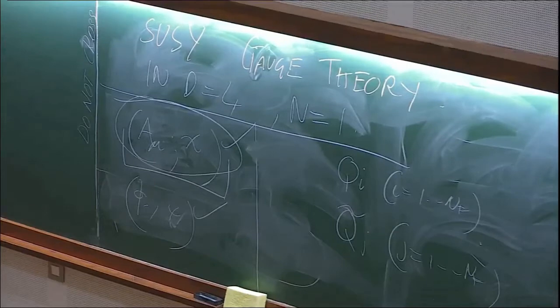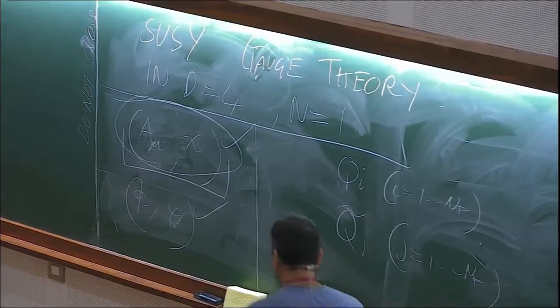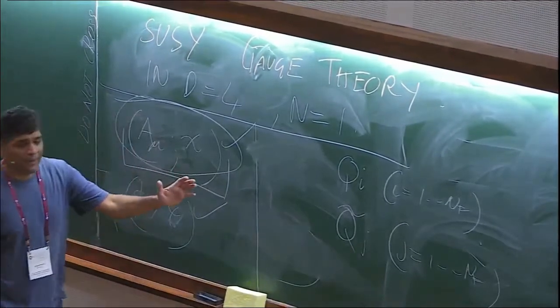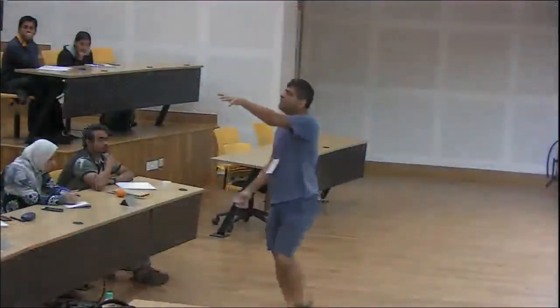Now, in a theory with ordinary Yang-Mills theory and gauge bosons, if I told you that I have some number of fermions in some representation of the gauge group, what is the Lagrangian? You write it down uniquely, right? There's no ambiguity, because you can just do minimal coupling of the fermion.